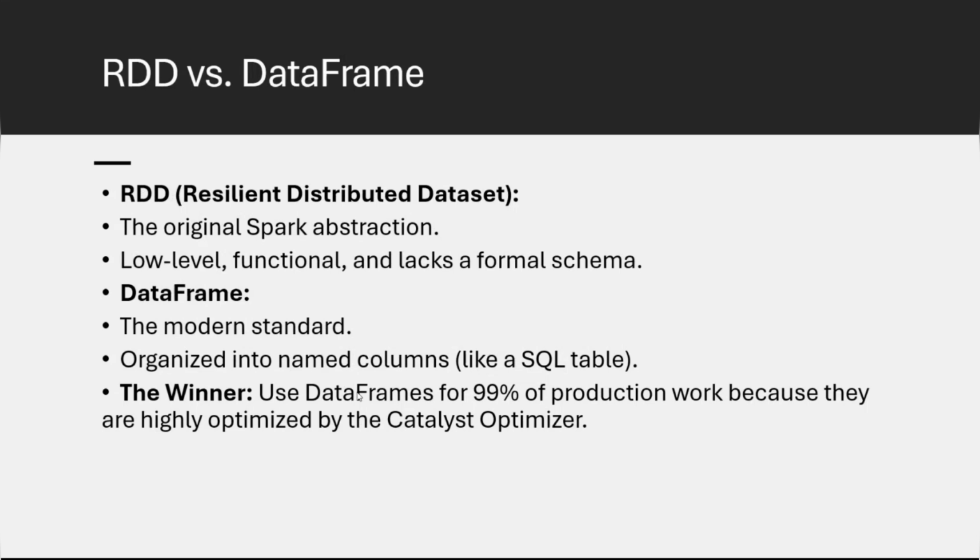RDD is a very low-level, functional API, the original Spark abstraction, and because it is low level, it lacks a formal schema. DataFrame is the modern standard, organized into named columns like a SQL table. We use DataFrames for 99% of production work because they are highly optimized by the Catalyst optimizer. So today DataFrames dominate production.